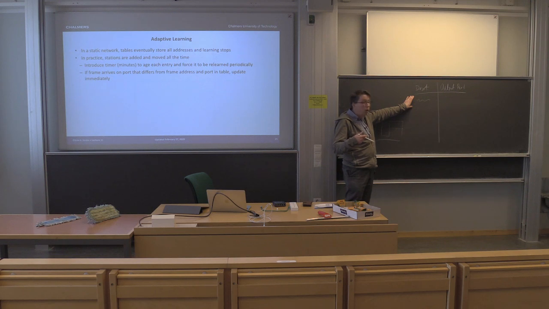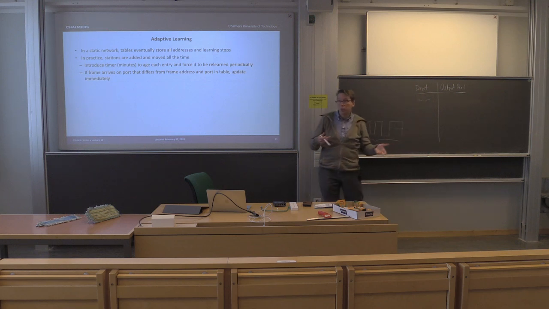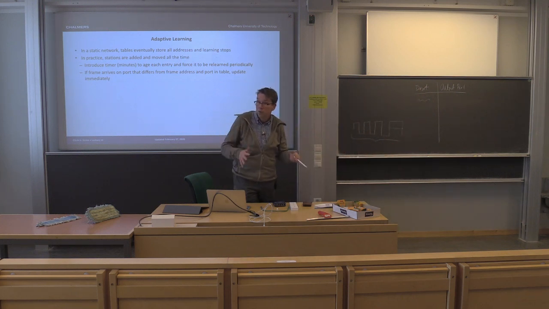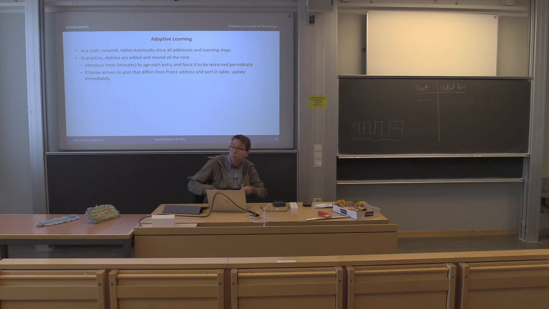And if it hasn't heard anything from that host, which has its address here, it will simply drop that row after a while, assuming that that host has powered down or moved away. Okay. So every now and then one throws this away, and if a frame arrives on a port which is different from what the forwarding table says, then the old row is immediately deleted. Right? Okay.